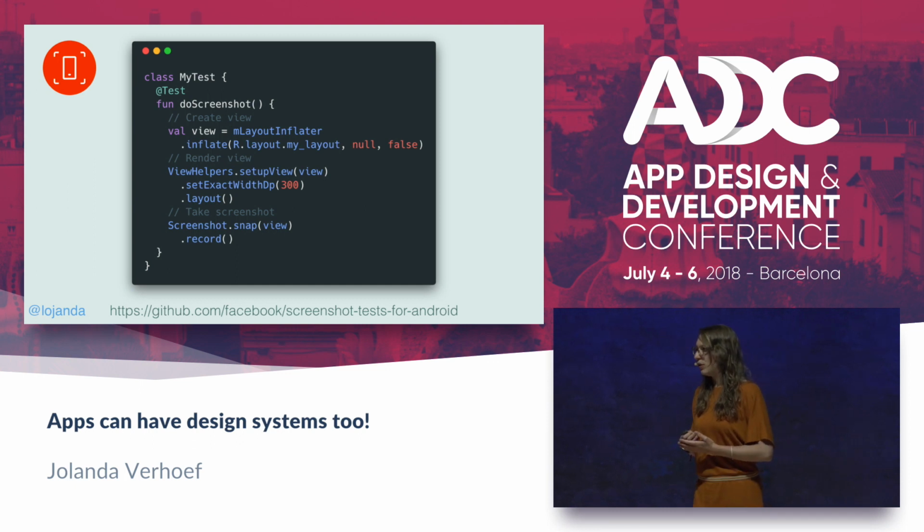But you can also run those tests in verify mode. And what this test will do is it will actually compare the existing screenshot to the new one that it's making, and the build will fail if those 2 don't match. And as you can see, it's just a couple of lines of code to make that happen. And this will give us a directory in our source control that will actually show the different screenshots of the different components.